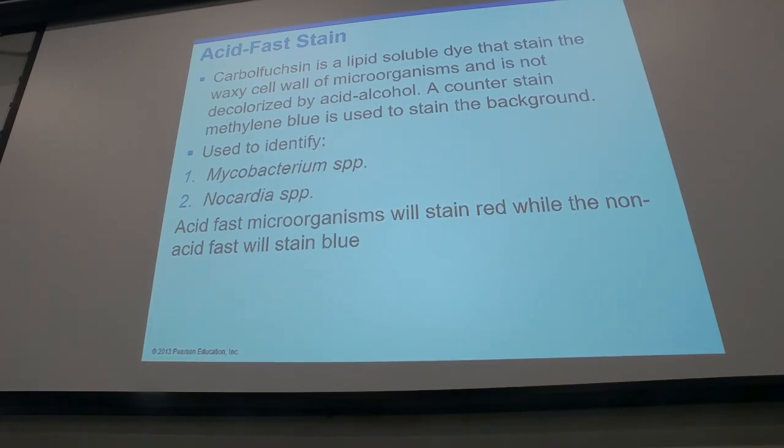And the non-acid-fast will stain with the counter stain, which is methylene blue, and they stain blue. So this technique uses a decolorizing agent, which is acid alcohol. So it's alcohol with hydrochloric acid. And the microorganisms that you try to stain with this technique are acid-fast microorganisms like Nocardia, like Mycobacterium.